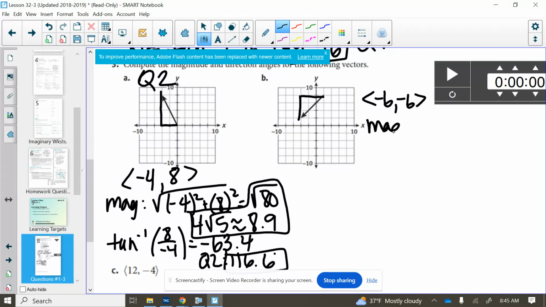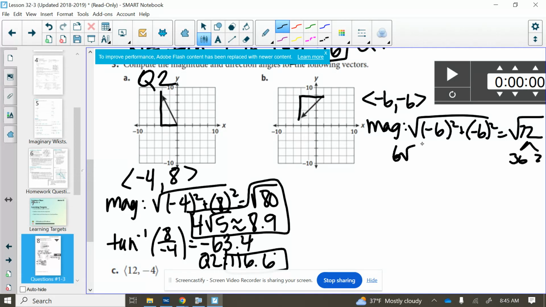So the magnitude then is going to be the square root of -6 squared plus -6 squared, aka the square root of 36 plus 36, which is 72. We end up with the perfect square of 36 times 2 going into this, so 6 root 2, or approximately 8.5, depending on how they're asking for it, would be your magnitude.